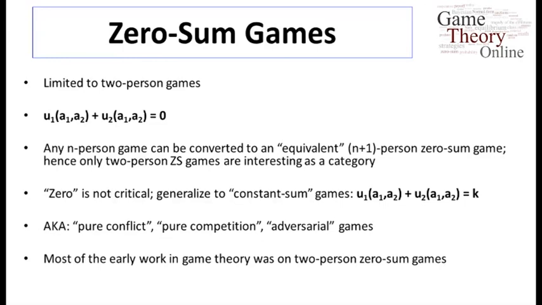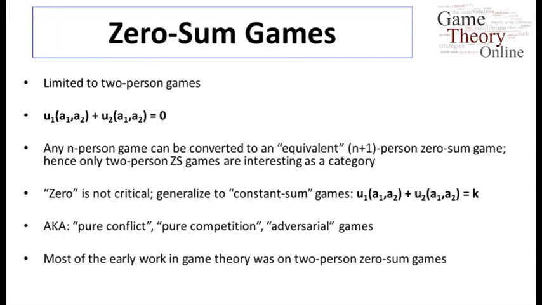Here's another point, and this is a very important point: 0 really does not play any particular role here. You can take a game and perturb all the payoffs by what's called a positive affine transformation. That is, either multiply all the payoffs by some positive constant, or add a constant to all the payoffs, a constant that's positive or negative in this case, and the game really has not changed at all.